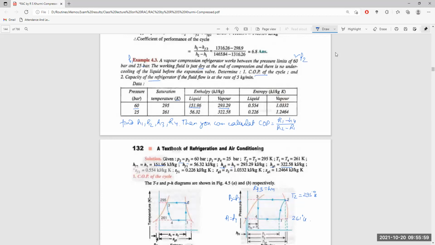So this is given as this one point. This is Sf2 here, given in liquid form. F means the entropy in liquid form, which is given as 0.554. Sf1 is given as 2.226. This is the entropy somewhere here.